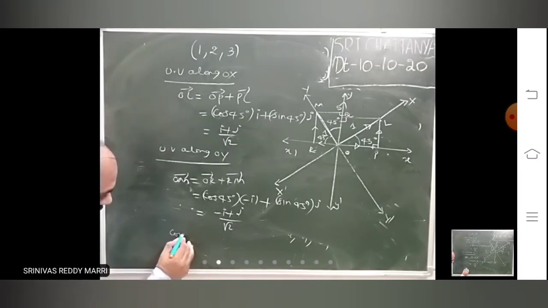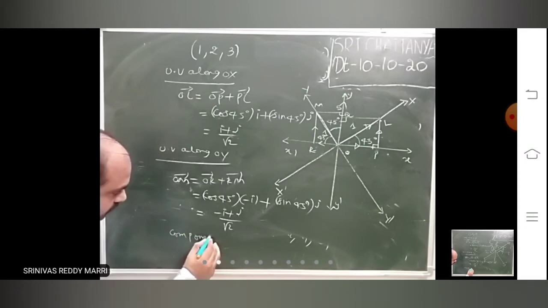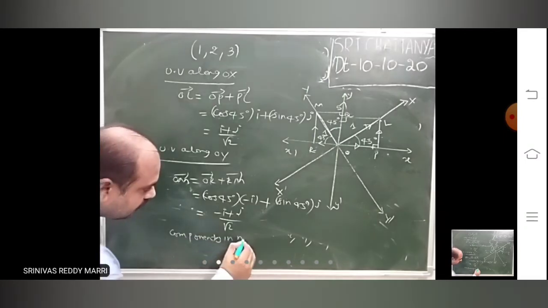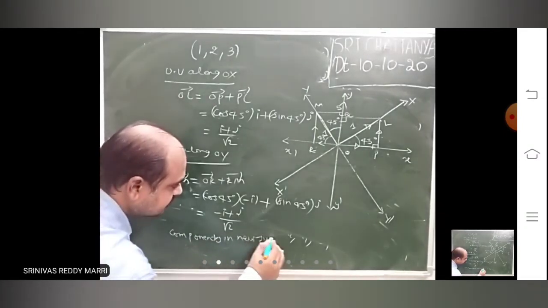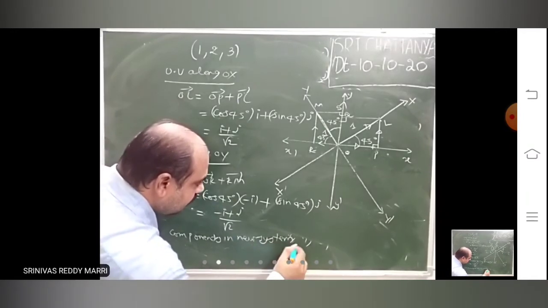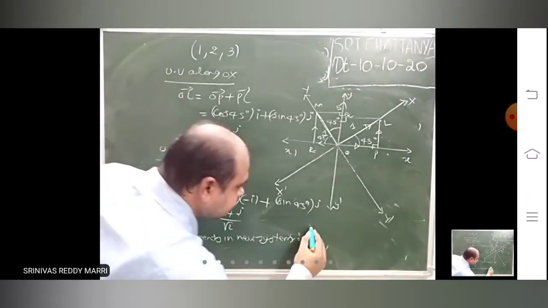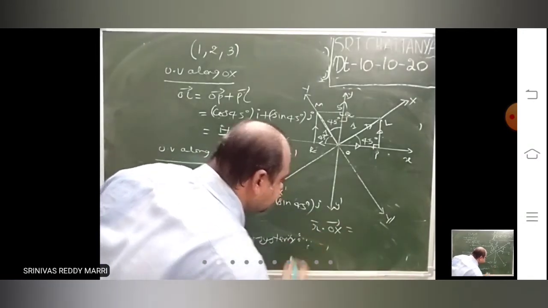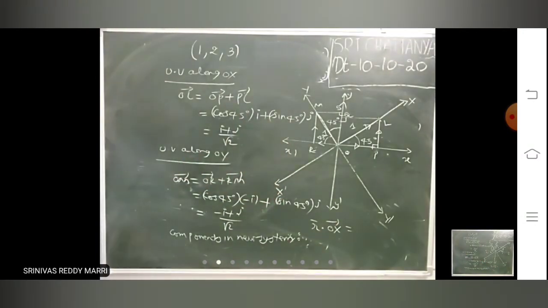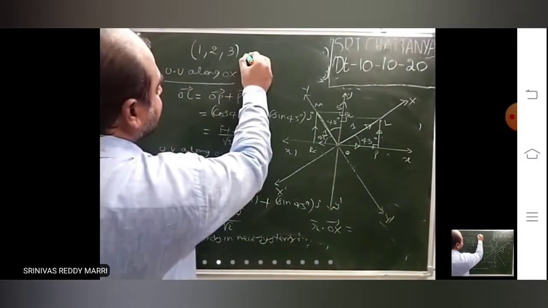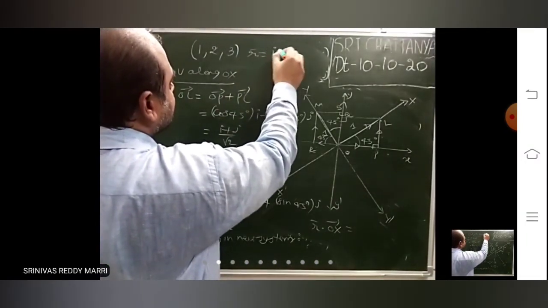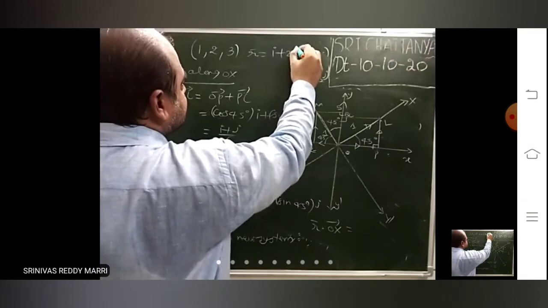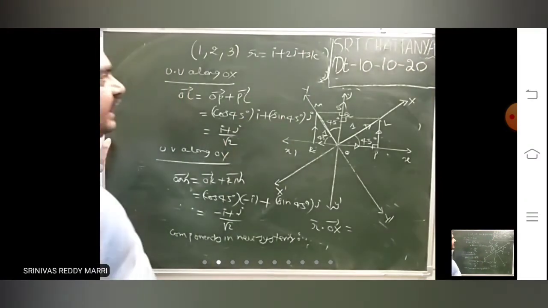Now components. Components in new system is nothing but R bar dot OX bar. R bar is i plus 2j plus 3k.